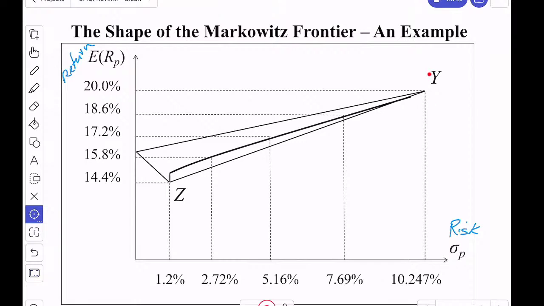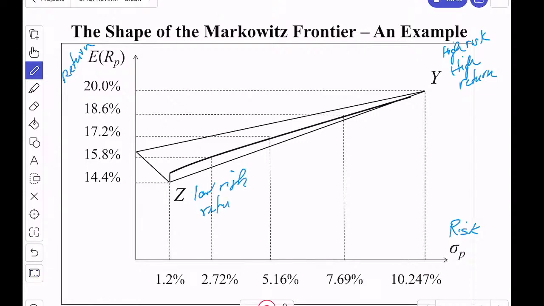And I put Y here because this is the high risk, high return one. And again, I'll talk about the details of those calculations after the test. What I really want to do is the pattern and the result. Okay, so then this is low risk, low return.